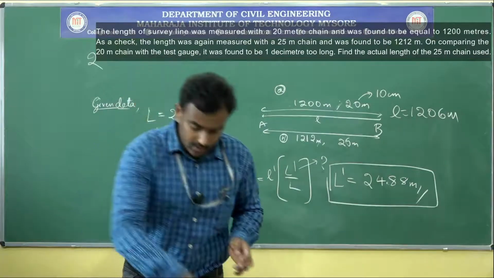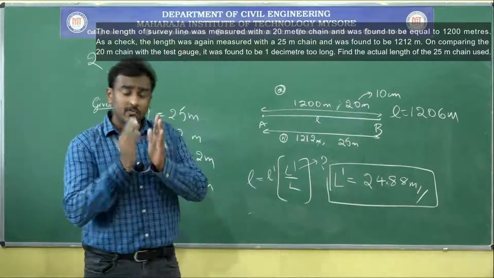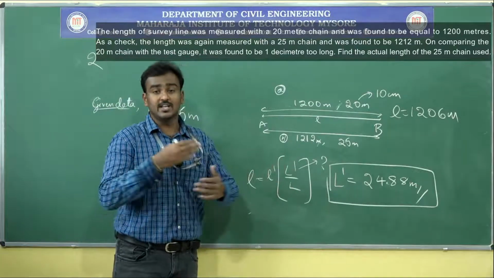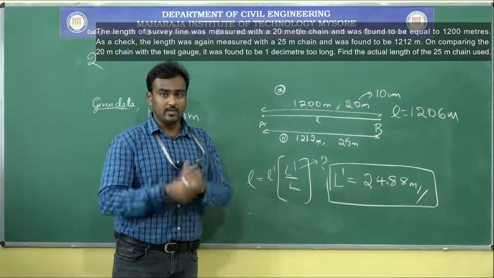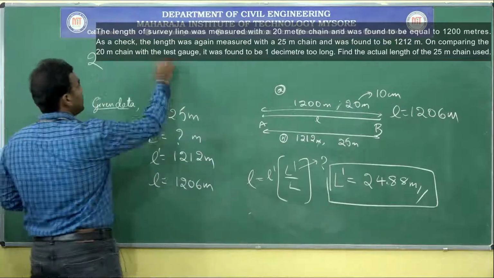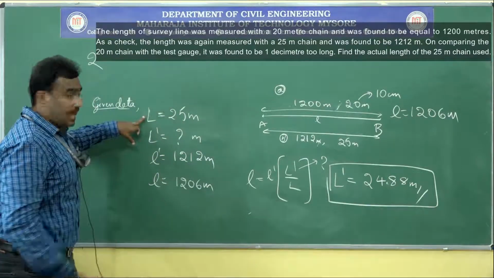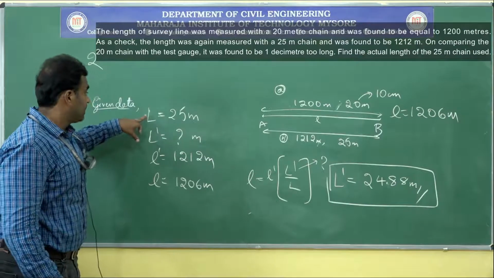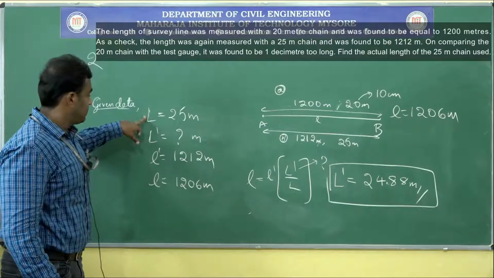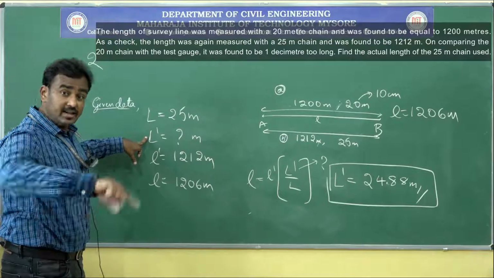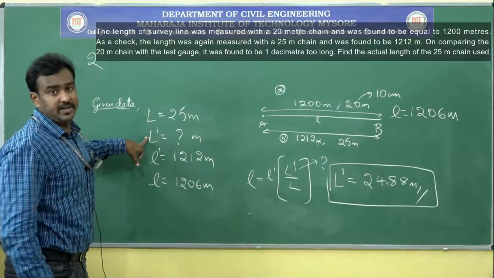Here if you observe, you might have got confused because the designation which they expressed in the problem is very confusing. So you should know this. Let me describe this. L is nothing but the designated length of the chain. L dash is the incorrect length or actual length of the chain.